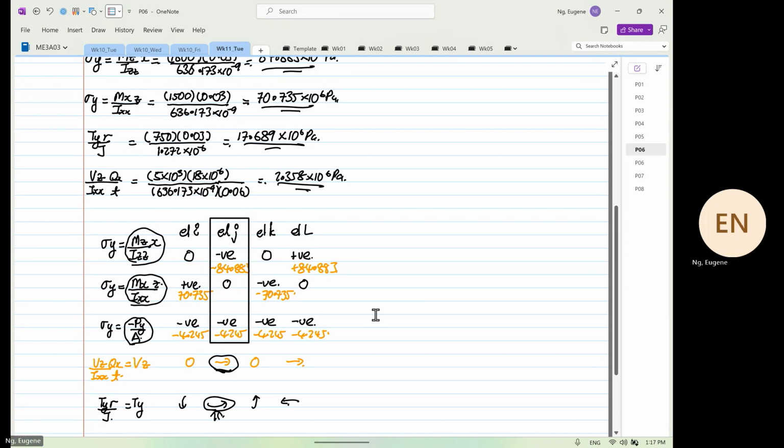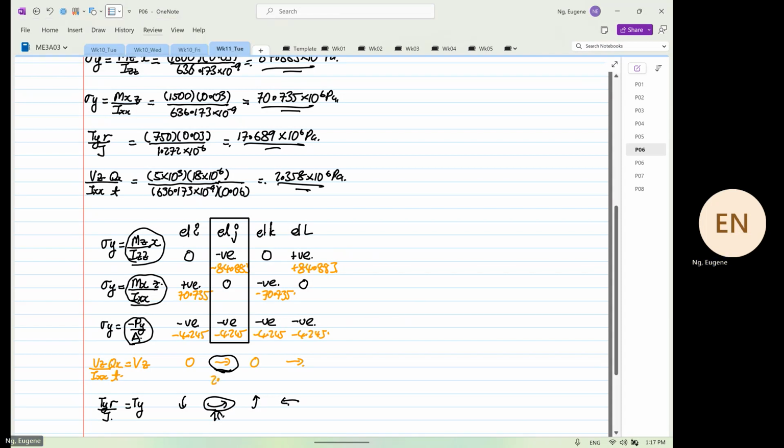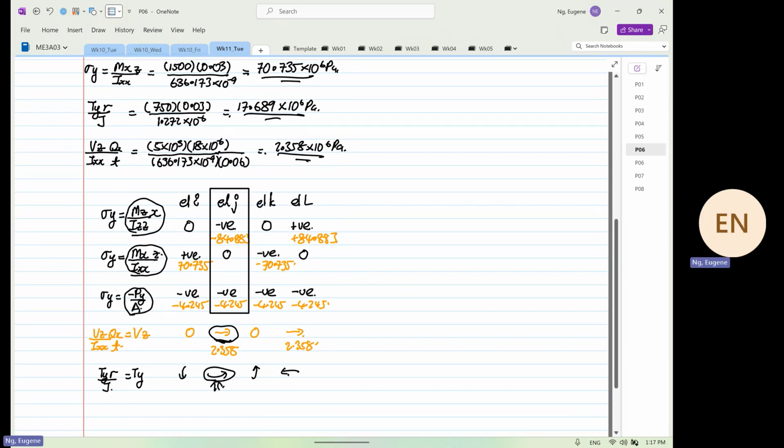Okay. And then if you look at it in terms of VZ, this is equal to 2.358. This is also 2.358. And then due to the torque is 17.689.